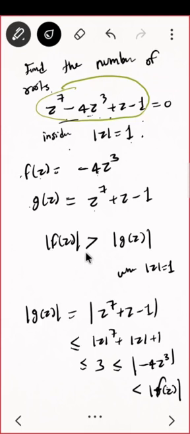And how many zeros does f of z have? F of z is minus 4z cube. That means 0 is a root with multiplicity 3 inside the circle mod z equal to 1. By Roche's theorem, f of z and f of z plus g of z will have the same number of zeros.